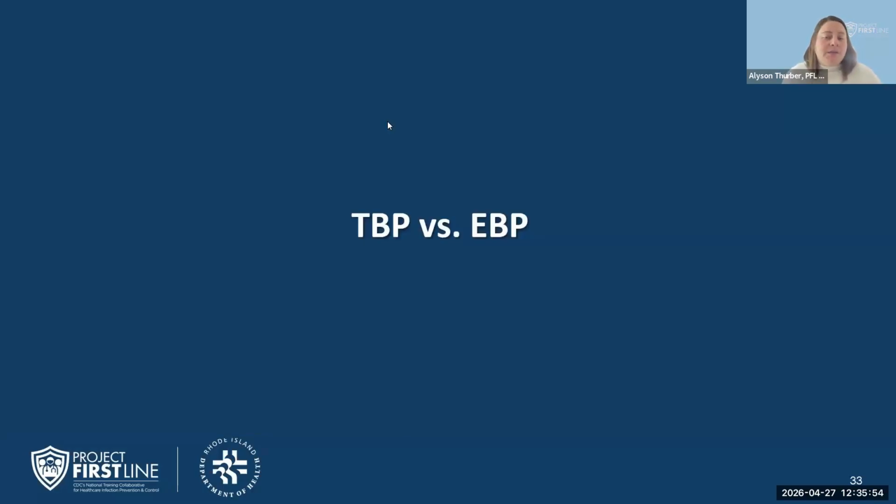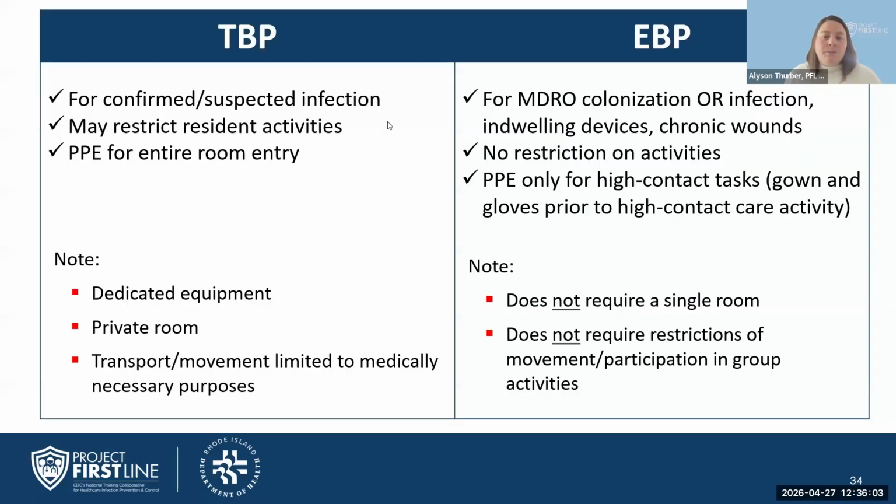So we've talked a lot about TBP and EBP. So we're going to pull it all together and see how they compare, how they differ. Both TBP and EBP are built on top of standard precautions. They never replace the basics like hand hygiene and wearing the right PPE based on what you expect to encounter, based on your risk assessment.